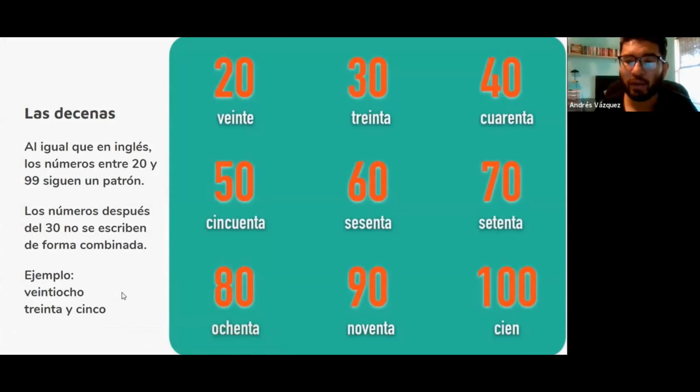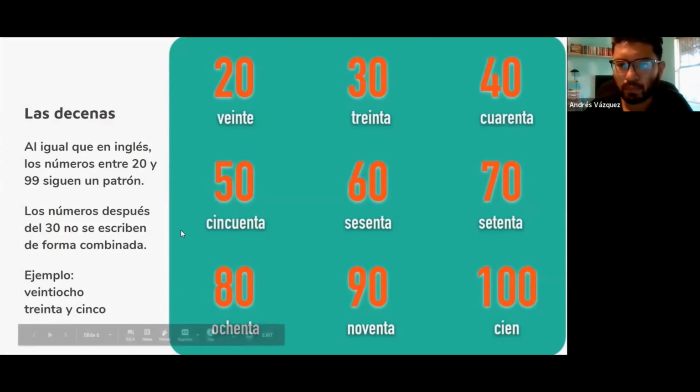Number 35, we separate the words into 35, but that's something that is going to mostly affect our writing, not so much how we speak, no, because the pronunciation is still similar, 28, 35, sort of having that E in between the two numbers to put them together. Muy bien.